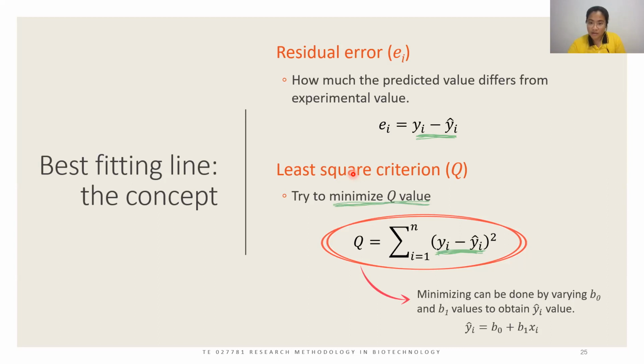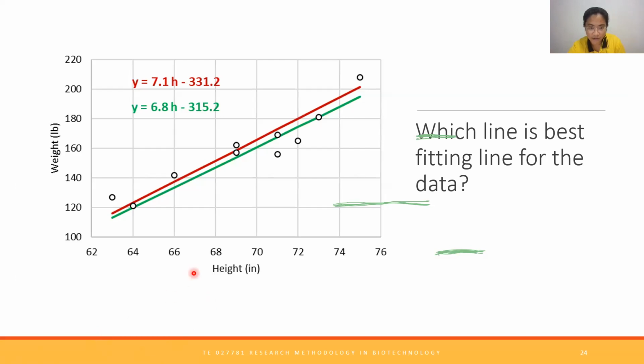If we look at this graph, that means to see which one is better, you have to find all the residuals of the data to the red line, and also the residuals of the data to the green line.